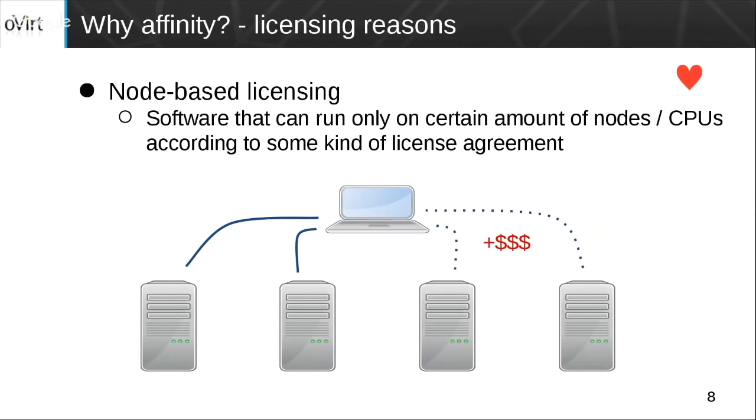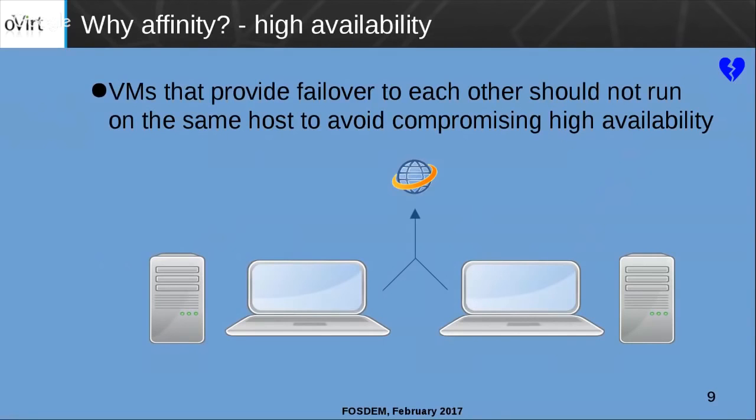Okay, in terms of high availability, negative affinity provides a way to separate VMs that provide failover to each other. Meaning, if a VM fails, a backup VM takes its work instead. So if we provide a failover for VMs by keeping them on separate hosts, we ensure high availability.